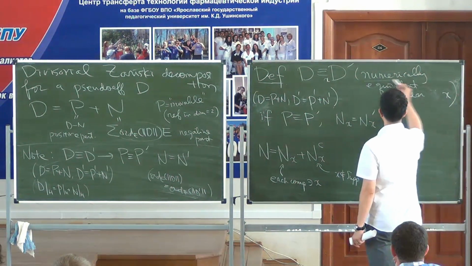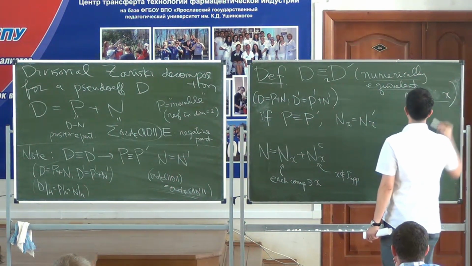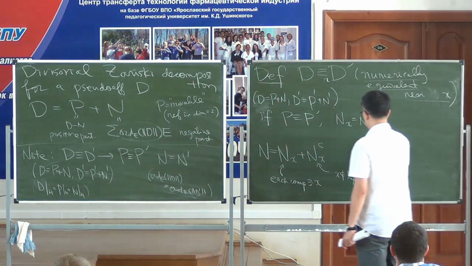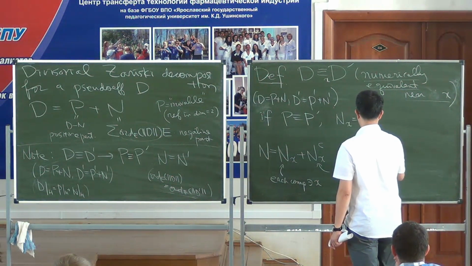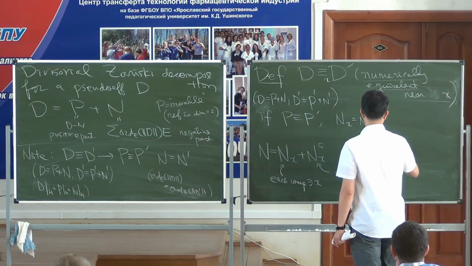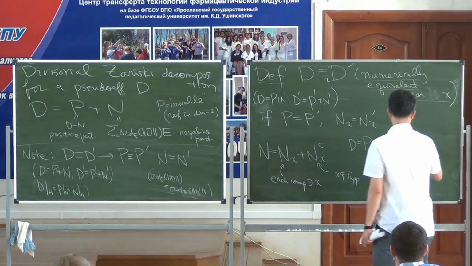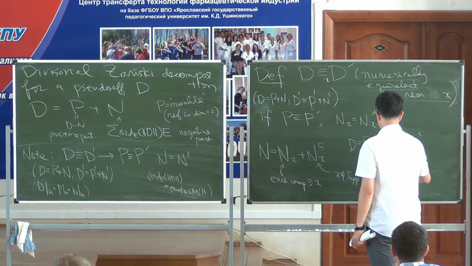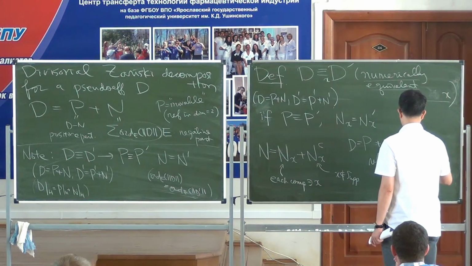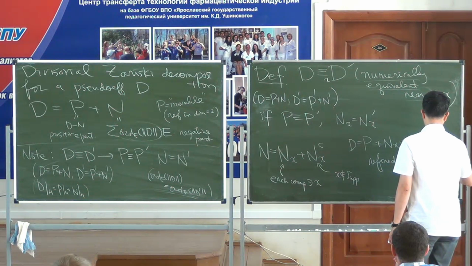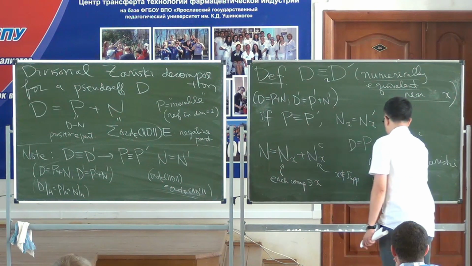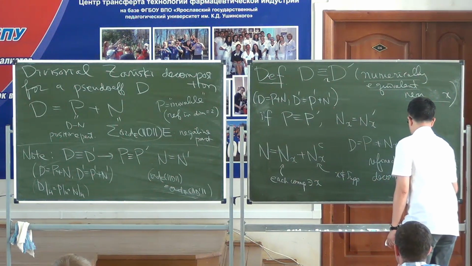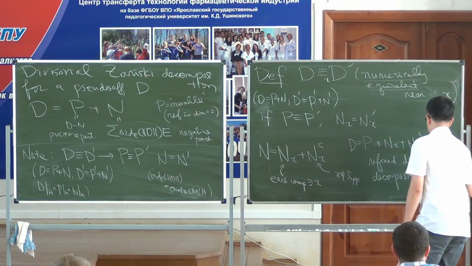So this is the numerical equivalence near the point x. Okay? And D equals P plus N_x, and this is called the refined divisorial Zariski decomposition at x.